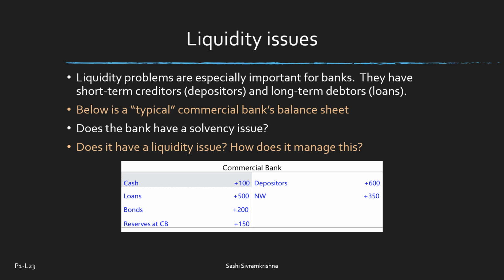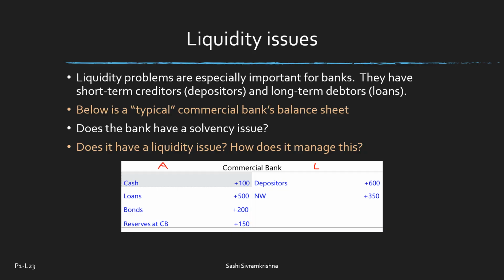It has reserves at the central bank of 150, and on its liability side it has depositors. These depositors hold 600 rupees or $600 worth of deposits at the commercial bank, and the commercial bank has a positive net worth, meaning that its assets exceed its liabilities by 350 rupees or dollars.